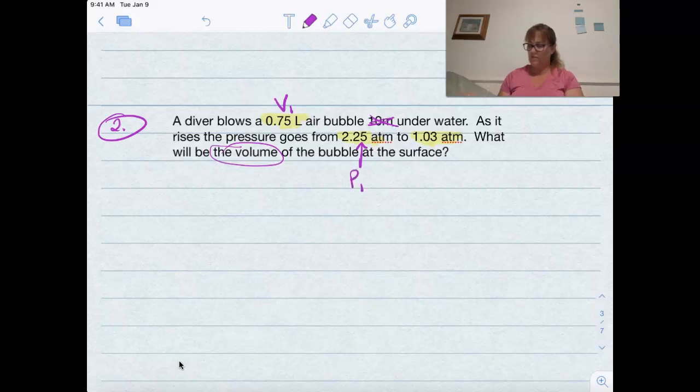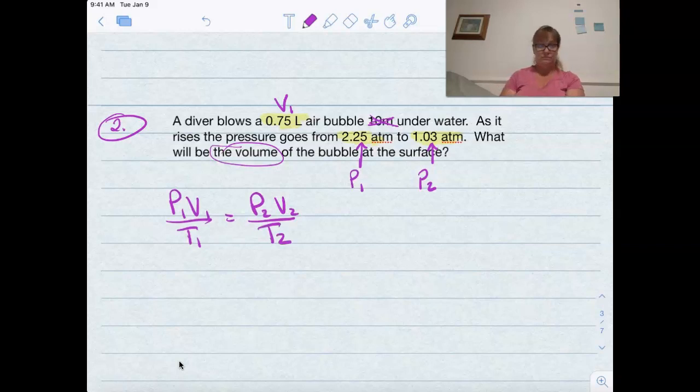So this is our P1, and then it goes up to 1.03 atmospheres. This is our P2. All right, let's write down our combined gas law. P1 V1 over T1 equals P2 V2 over T2. Let's plug in P1, 2.25 atmospheres.